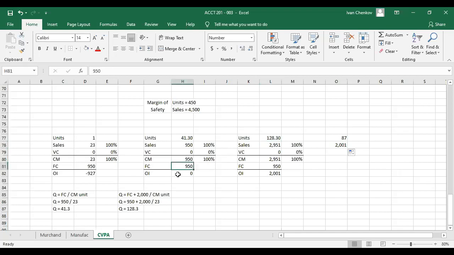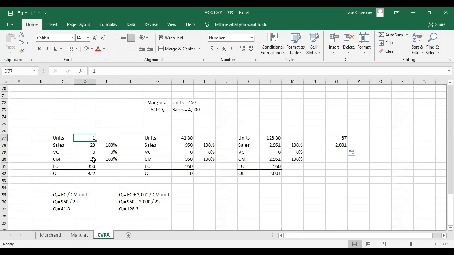What's going to happen if you increase the fixed cost? Then you're in trouble. So this is how you can use this information for yourself, so you can understand what's the option that you have here, people.